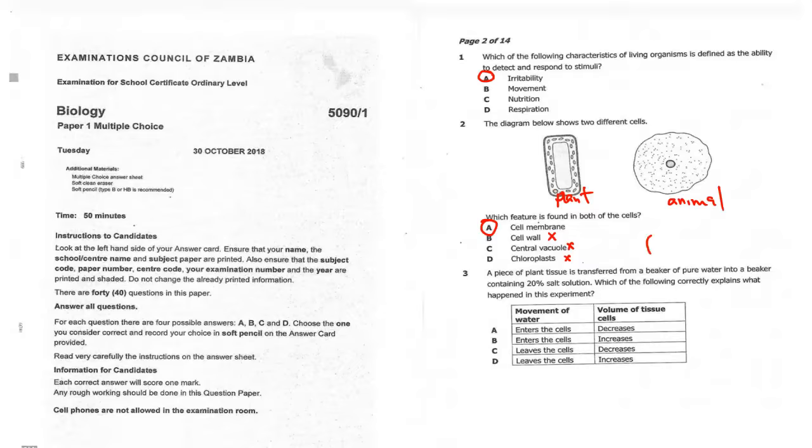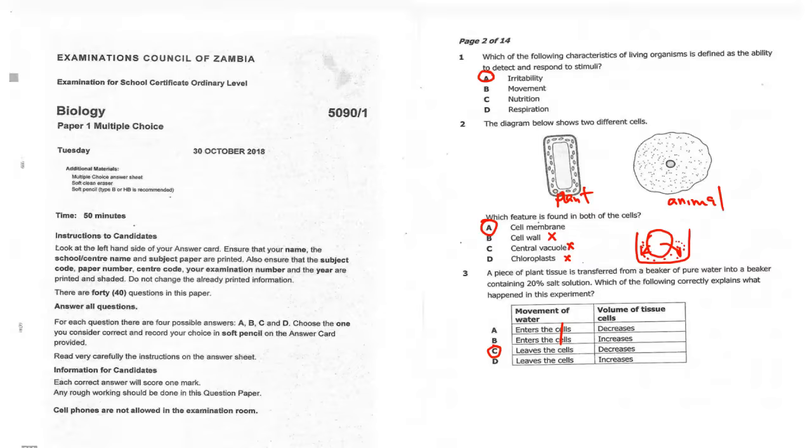So this one is less concentrated when it is put in the 20% solution, which means the solution outside is more concentrated compared to the inside cell, and therefore it is going to lose water. So movement of water. Water is going to leave the cell, so not enter but leave. Then what happens? The volume of a tissue. So when water leaves, it decreases. So the answer here we are going for C as the answer.